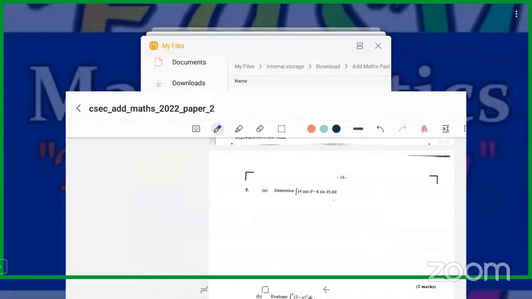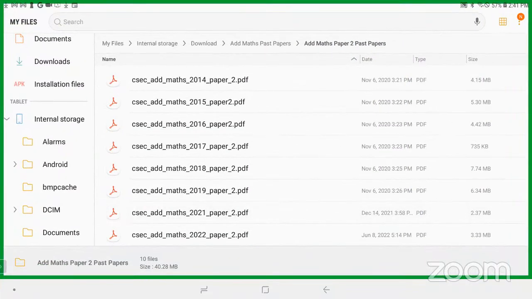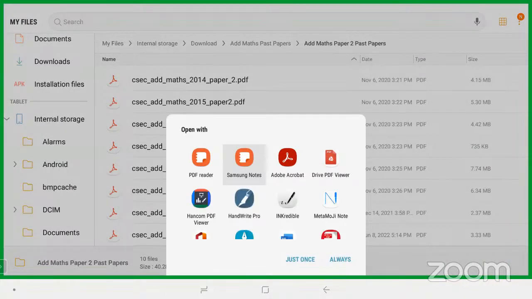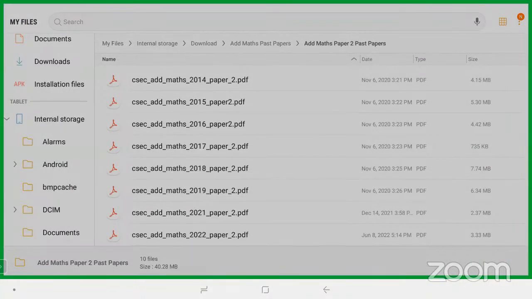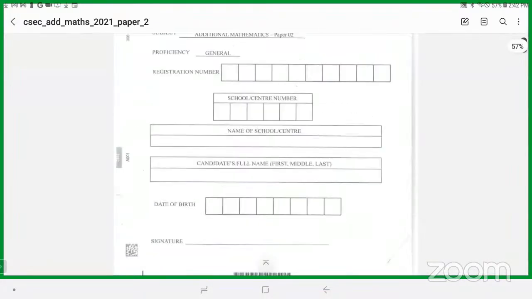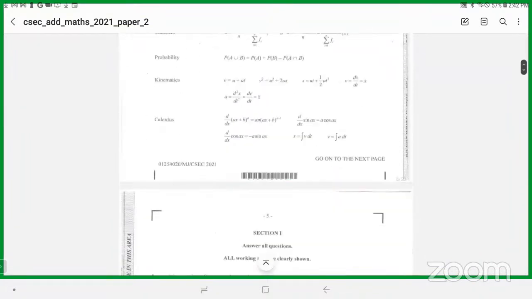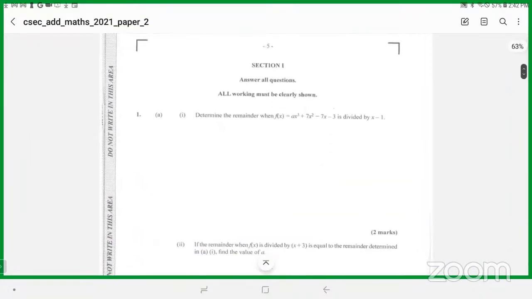Let's go on to 2021 and see what they put in 2021.